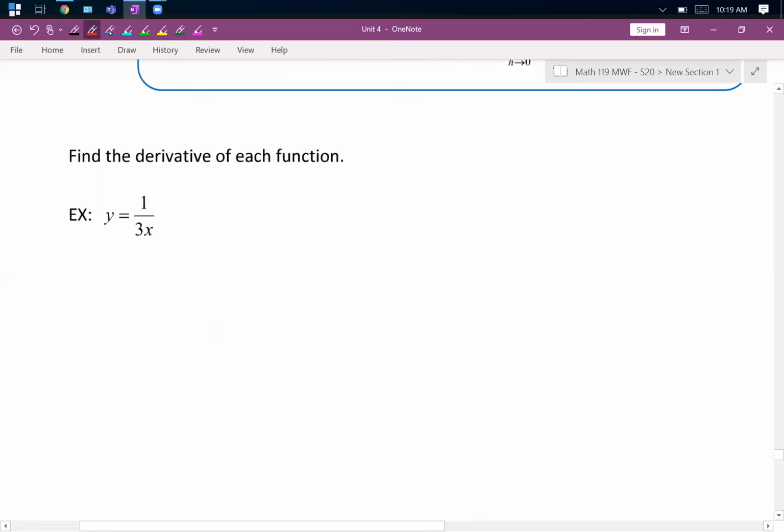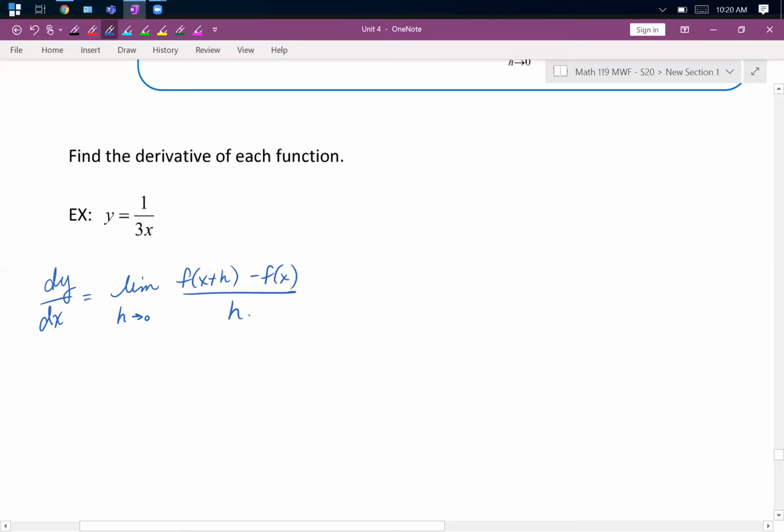Just to mix it up, I guess I'll use Leibniz this time, dy dx. This is going to be the limit as h approaches 0 of f of x plus h minus f of x all over h. And they don't have to give it to us in function notation to use the function notation in our difference quotient. Because, I mean, how else are you going to write it?